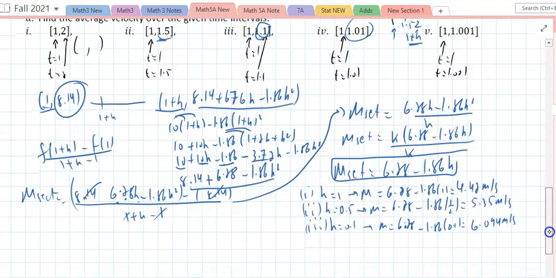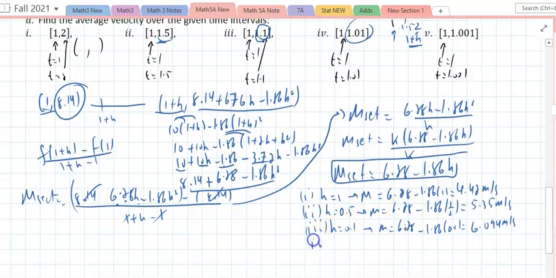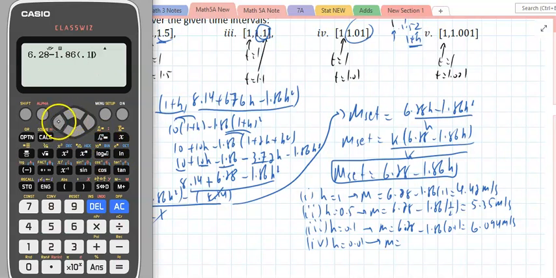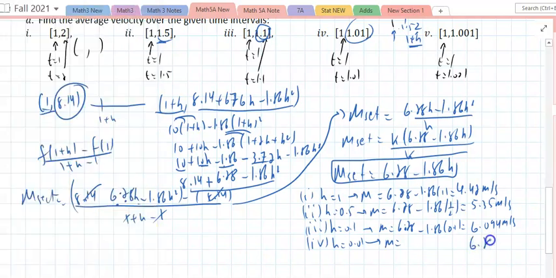For part 4, h equals 0.01, m will be 6.2614 meters per second. Well, it's settling down.